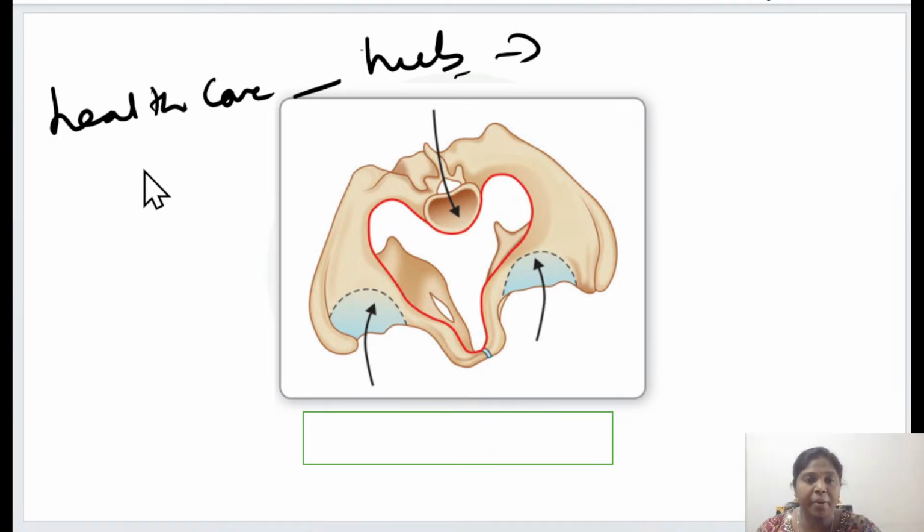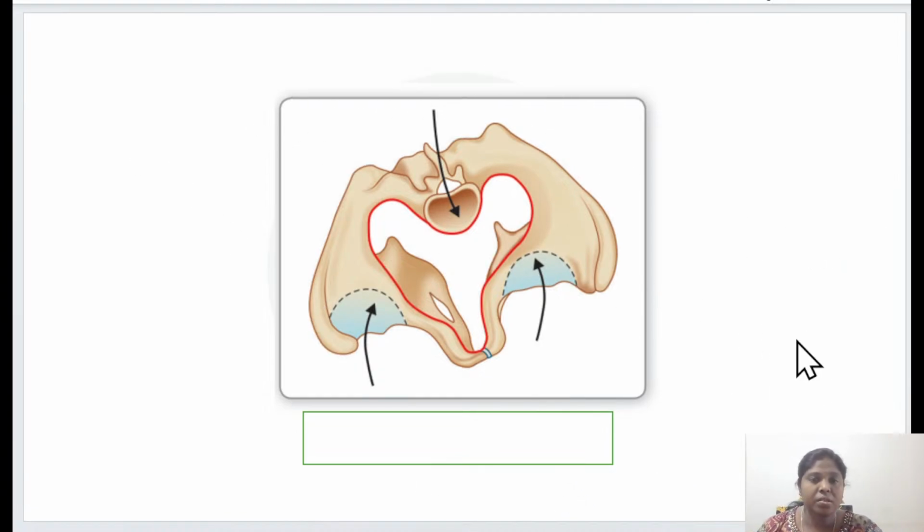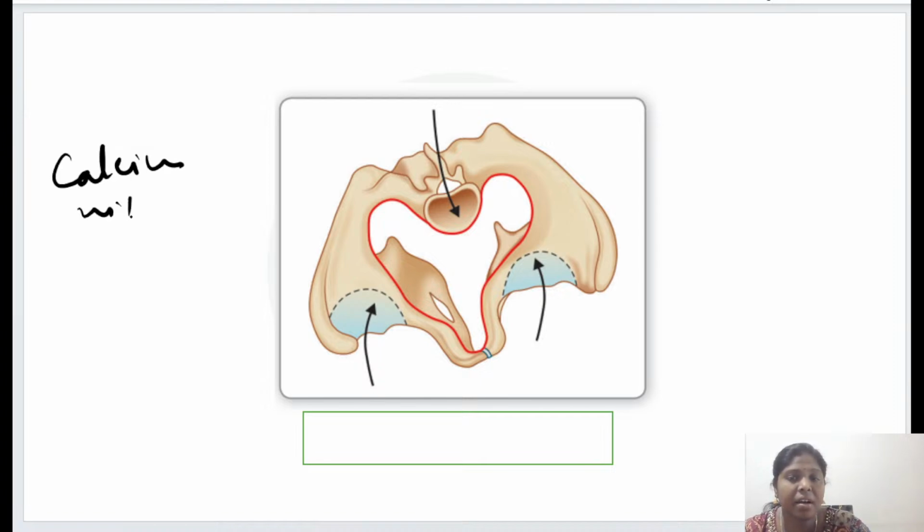Okay, what is this kind of pelvis here? It is mainly due to the softening of the bones, due to the deficiency of calcium and vitamin D, or lack of exposure to the sun rays.